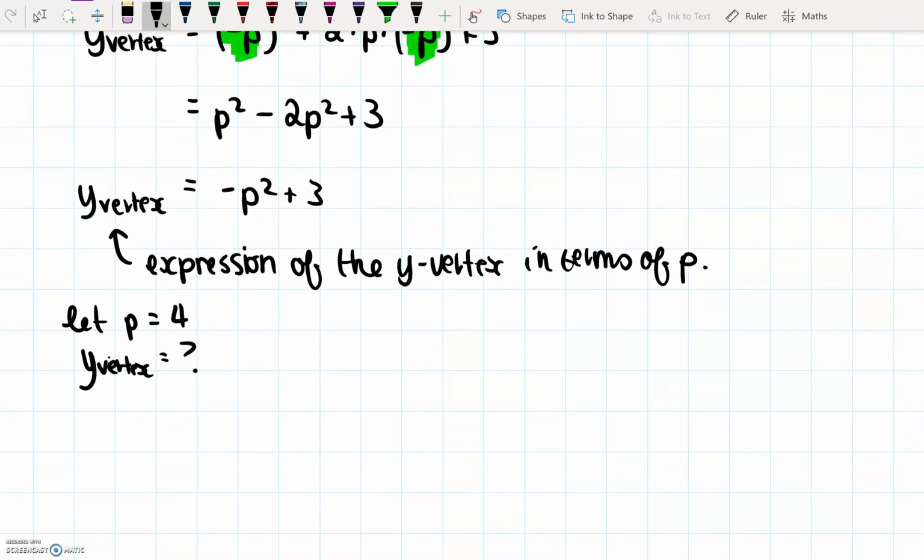Okay, so in that case, all you have to do is substitute 4 in place of p. So y vertex is going to be minus 4 squared plus 3, which is minus 16 plus 3, which is minus 13. Okay, and this is the kind of thing you'll be doing for now. We're just keeping it quite simple to start off with.